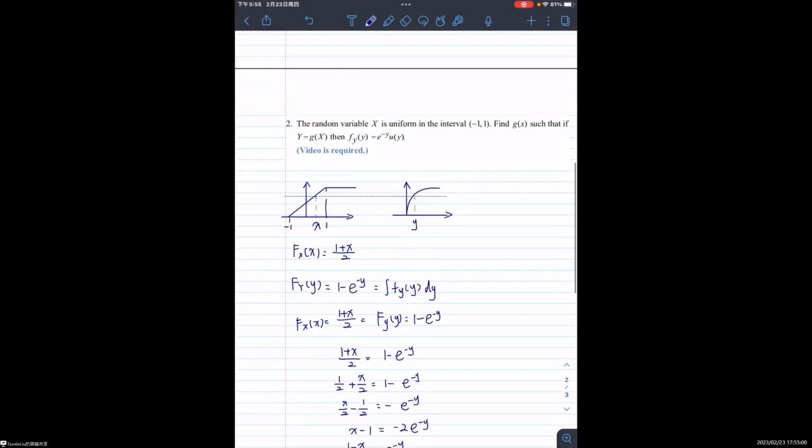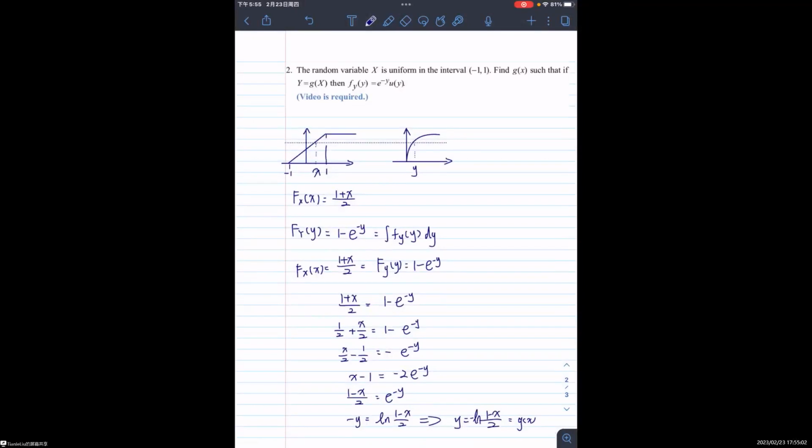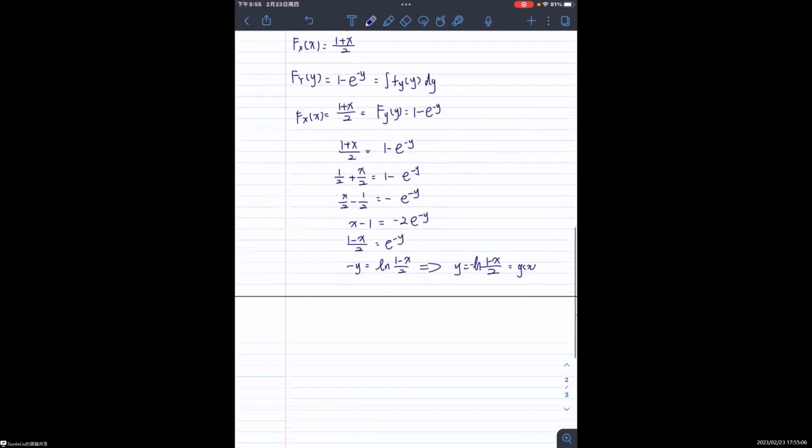And for this one, maybe we can do a test. Firstly, we need to find f_X, since to test this one we need to use this formula. We already have g(x), so it's not hard to find its derivative.